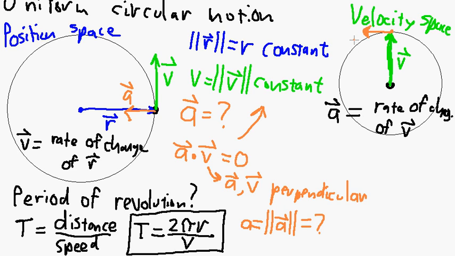Yes, we can. This is analogous to the way velocity points around the circle in position space, because velocity is like an arrow tugging on the object, telling it where to go. Here, your acceleration vector is tugging on your velocity vector, telling it where to go. So it's an almost trippy analogy, where you're in an alternate universe where velocity is position and acceleration is velocity.